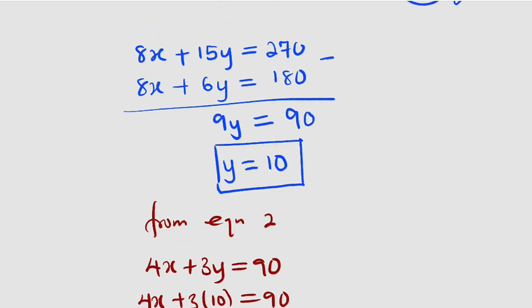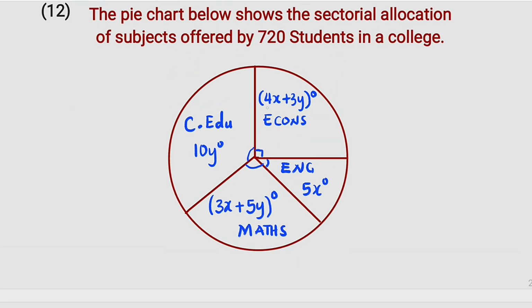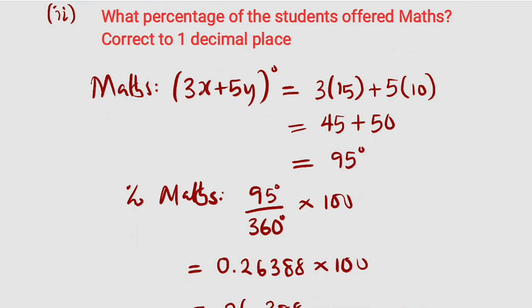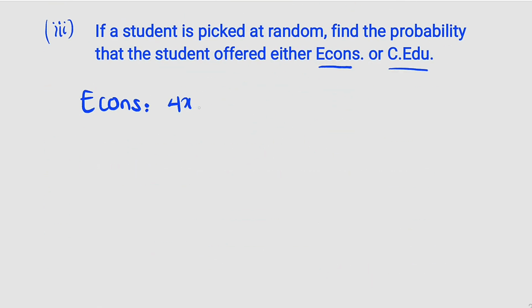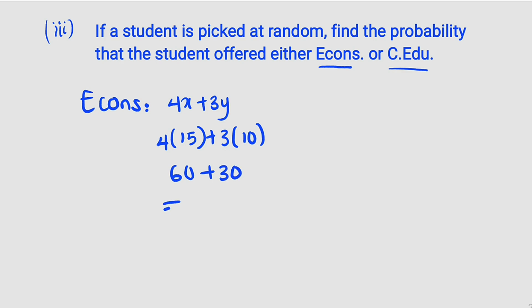For economics, remember the angle is 4x plus 3y. So let's find the angle. This is 4 multiplied by x, which is 15, plus 3 multiplied by 10, because y is 10. 4 times 15 is 60, plus 3 times 10 is 30. Altogether, we have 90 degrees. So this is the angle representing economics.